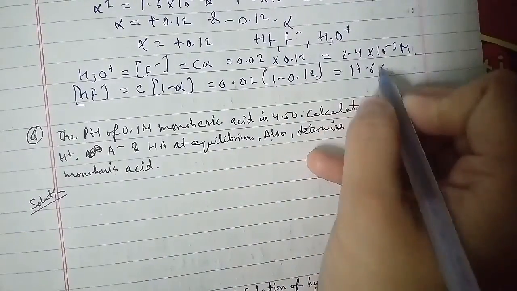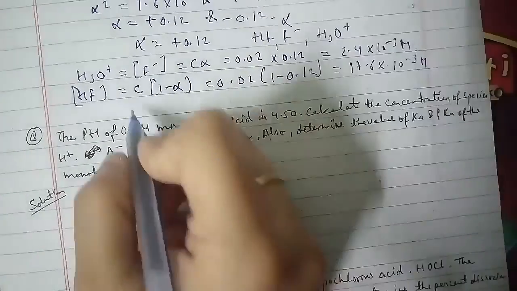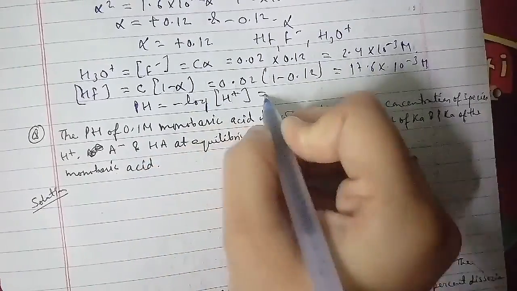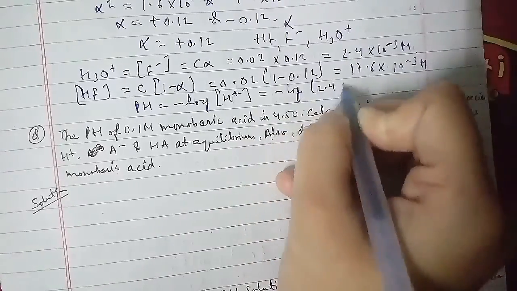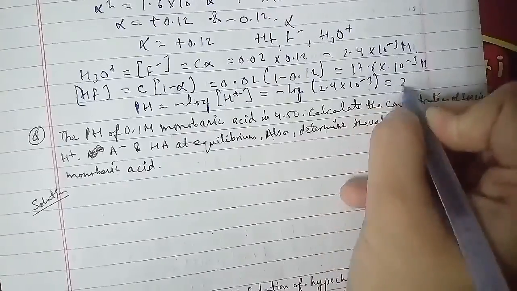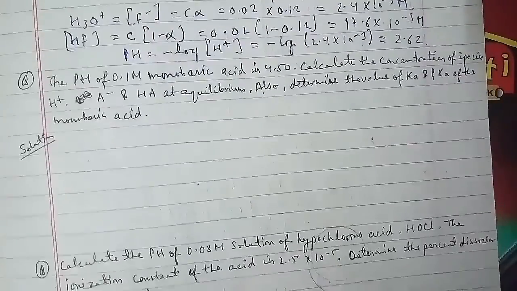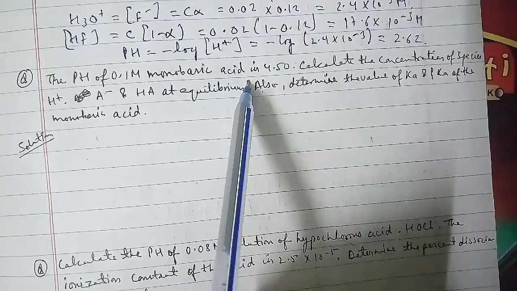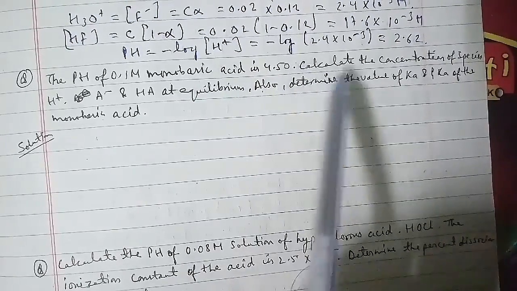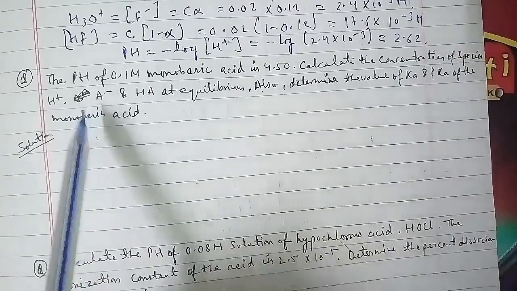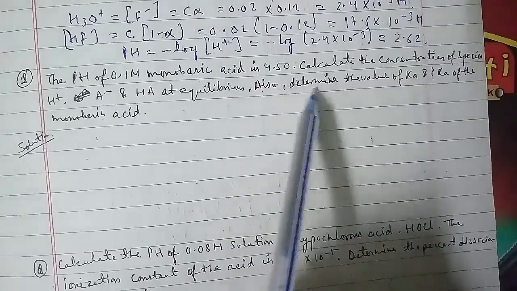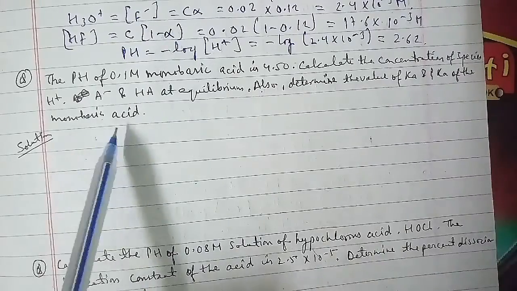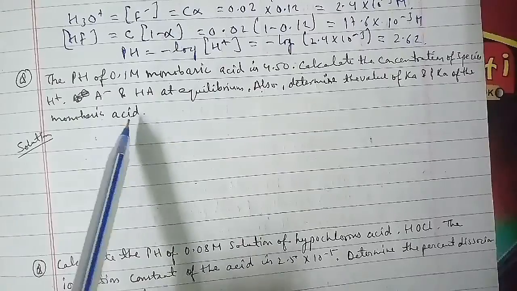Thus we can find Ka, which equals [H+][A-] upon [HA]. We put in the value of [HA], that is 0.1 minus 3.16 × 10^-5, which is approximately 0.1, and Ka equals (3.16 × 10^-5)^2 upon 0.1, and that equals 1.0 × 10^-9.